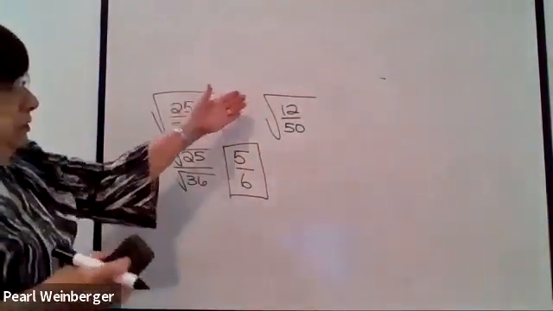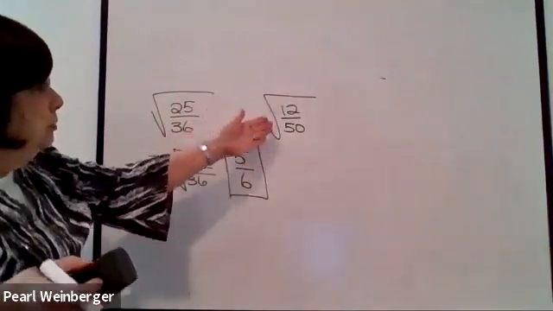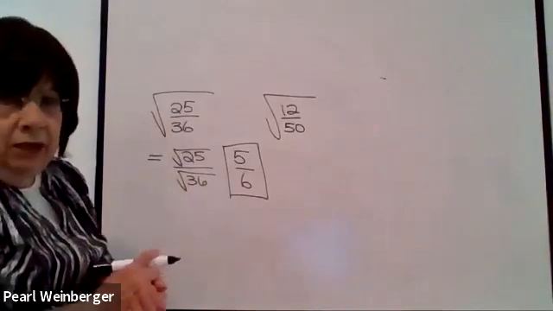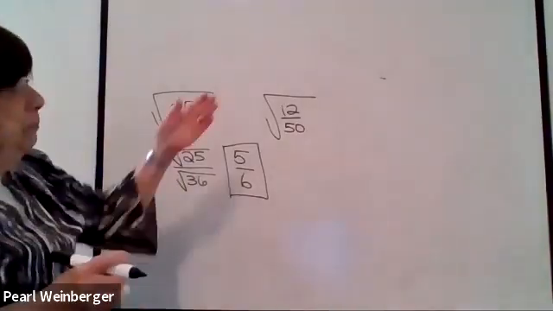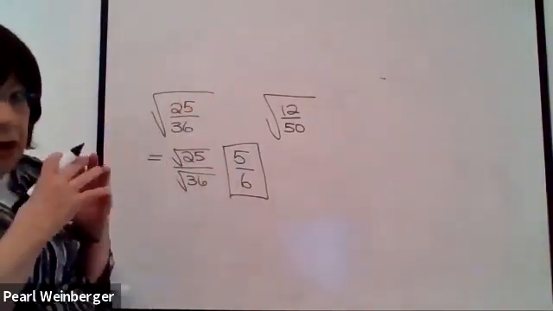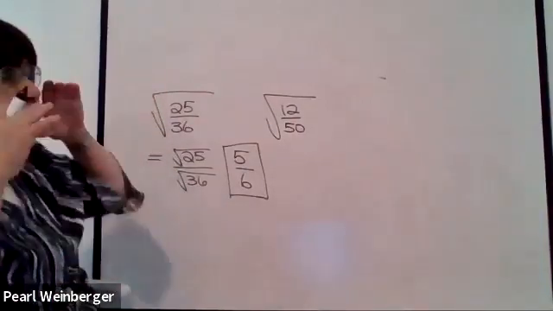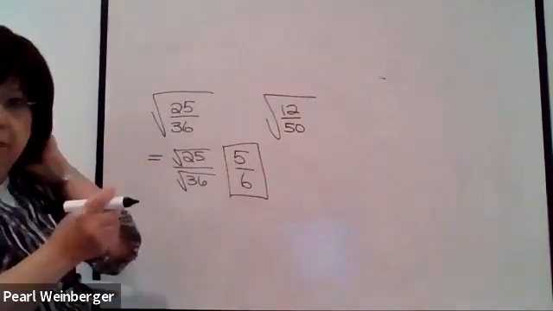How do we deal with something like this? Notice neither the 12 nor the 50 are perfect squares. Well, I'm going to do exactly what I did before. Again, there are other ways of doing this, but this is the way I like to approach it, because then I'm consistent and always doing the same thing.